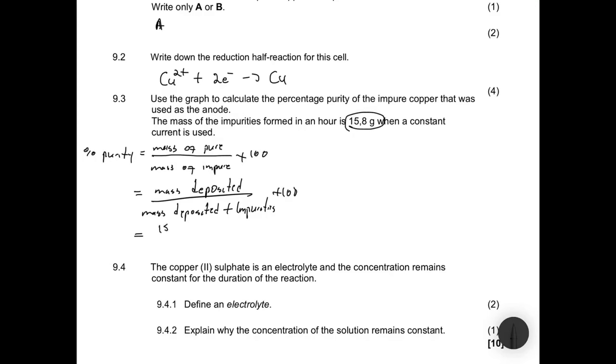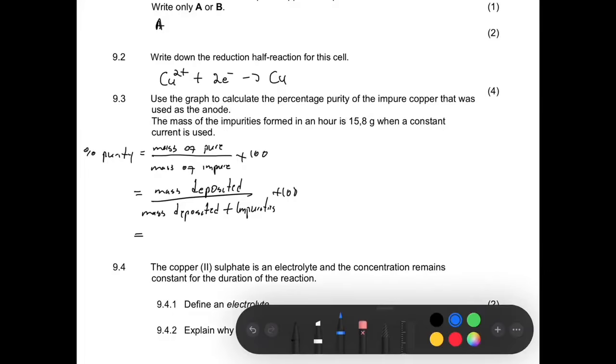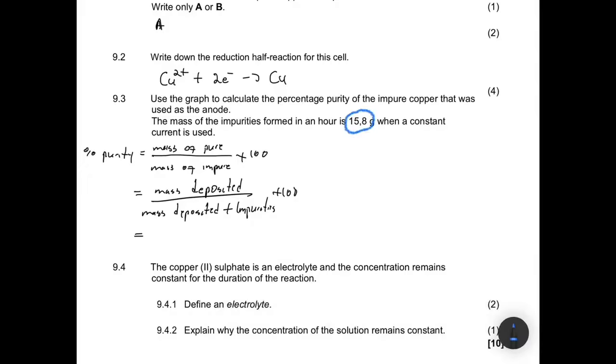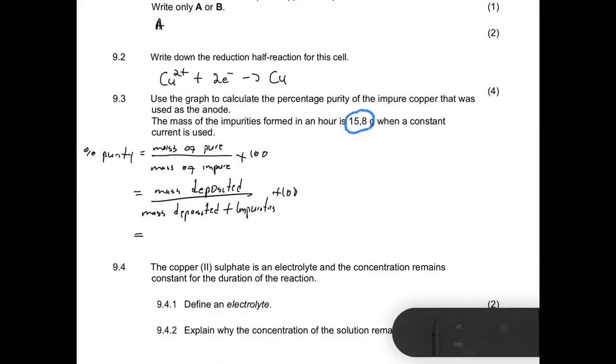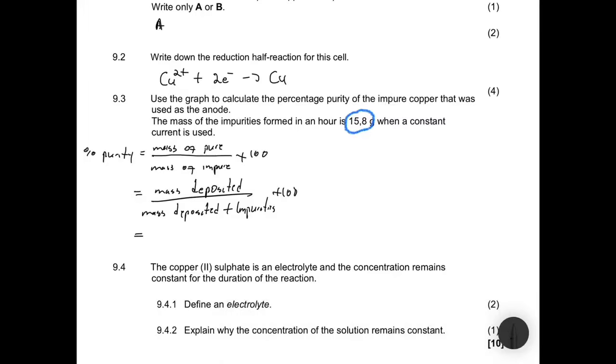The mass of the impurities formed in an hour is 15.8 grams, right? So we're gonna have 15.8 as the mass of the impurities. So we're basically gonna be finding mass deposited.